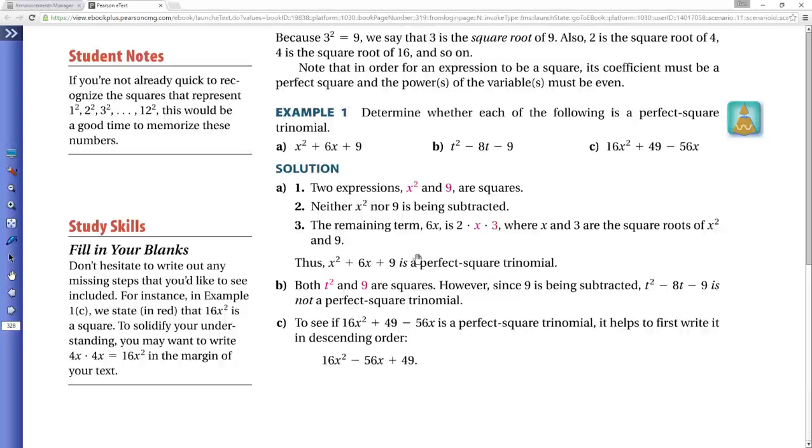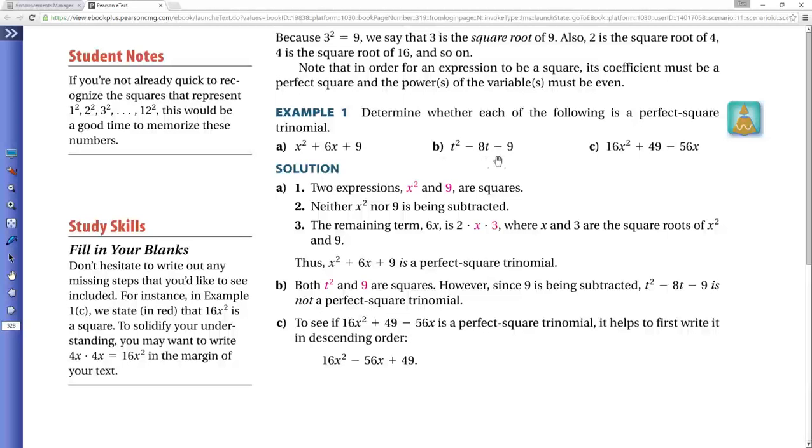And like B is this one right here, that first condition doesn't work, or the first two conditions, right? They say, well, t squared and 9 are squares, and I'd say, well, it's not really. Remember when we were talking about terms, I usually come back to this a lot. Terms are parts of an addition. Even though they write this as a subtraction, when I say what are the terms of this trinomial, it's t squared, negative 8t, and negative 9.